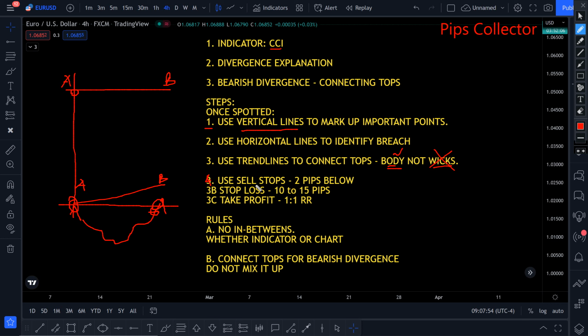We use sell stops, because we are talking bearish. I will treat another one for bullish, but let's pay attention right now to the bearish. We'll use 2 pips: you place your sell stop 2 pips below the confirmation candle.